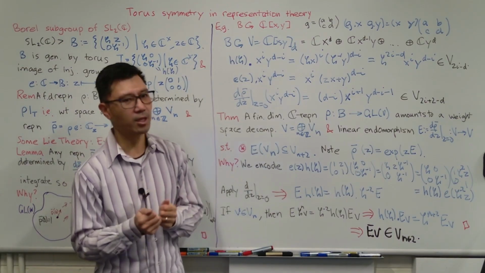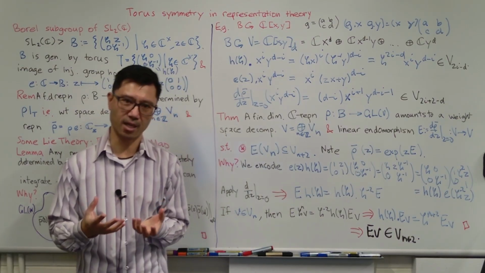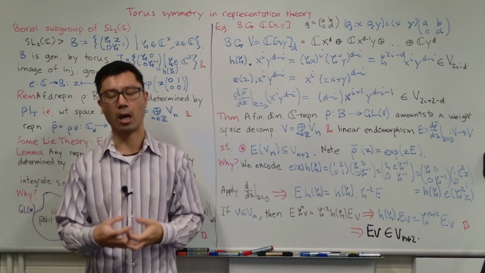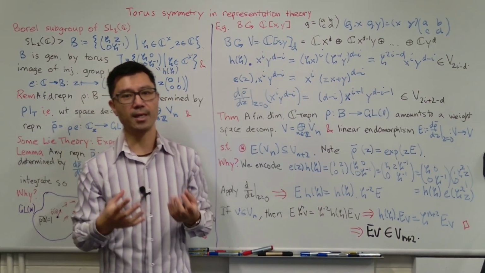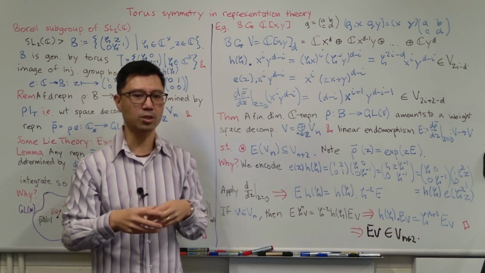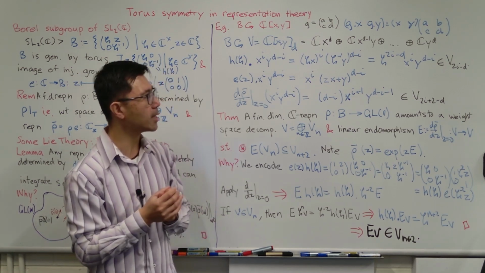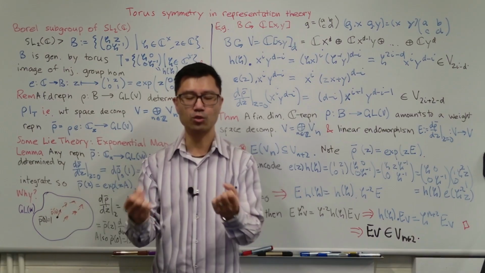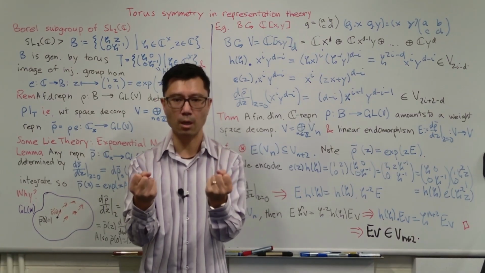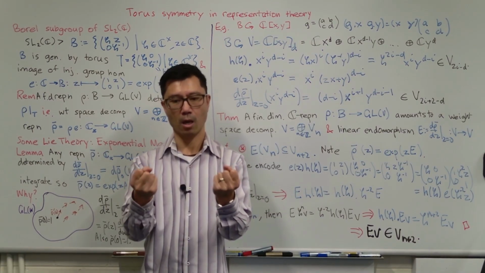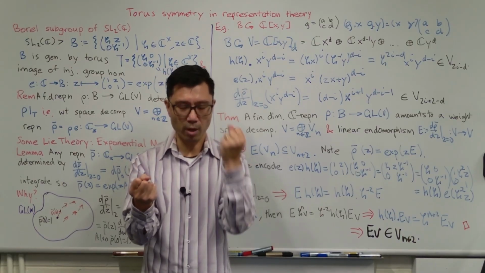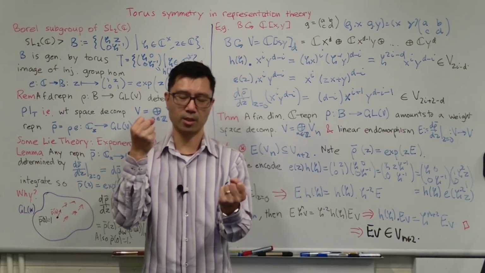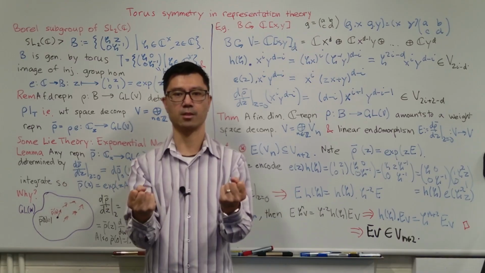So the best way to think about it is to return to the easy case. If you want to study representations of an abelian group or abelian Lie group, how does that work? Well, it's quite easy, because if you have two commuting endomorphisms, remember that each of the eigenspaces of one of the endomorphisms is stable with respect to the other endomorphism.